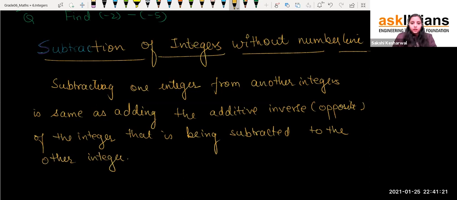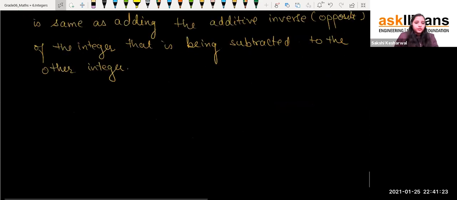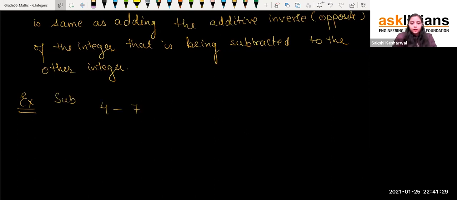For example, the question is 4 minus 7. What do you have to do without a number line? Here is a negative sign. What is the opposite of 7? It is minus 7. So you change the sign and it becomes 4 plus negative 7.